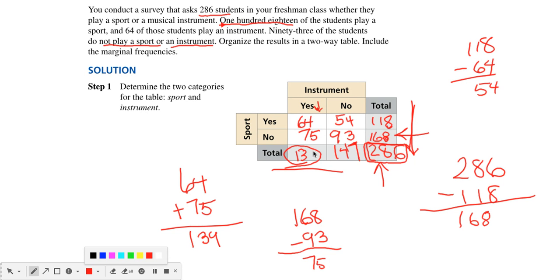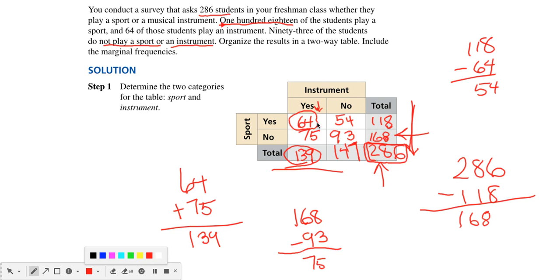We have actually filled in the entire set of marginal frequencies on the outside and all of the individual frequencies inside the two-way table as well. Frequency, again, is a fancy word that just means the number of counts. So inside here, this particular value, what does that represent?